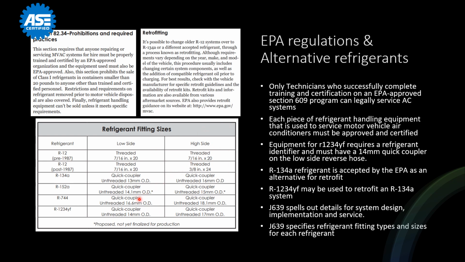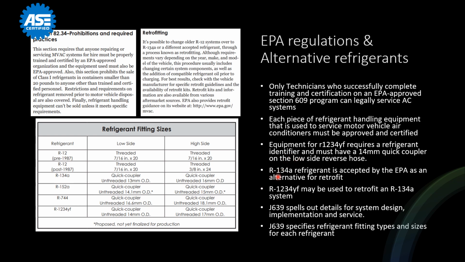So as an example here, we have R134A that uses a 16 millimeter coupler on the high side, as opposed to R1234YF, which uses a 17 millimeter on the high side and a 14 millimeter on the low side. So it's very important for you to understand these things or know how to locate these, because they're going to be asking you stuff like this about fitting sizes on the exam.